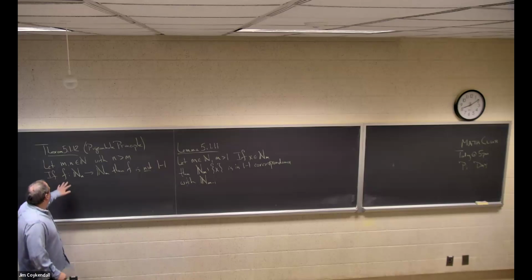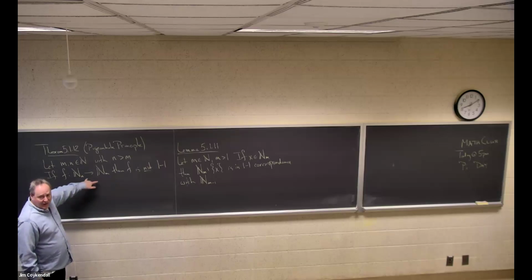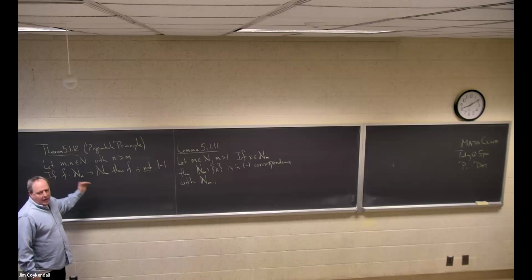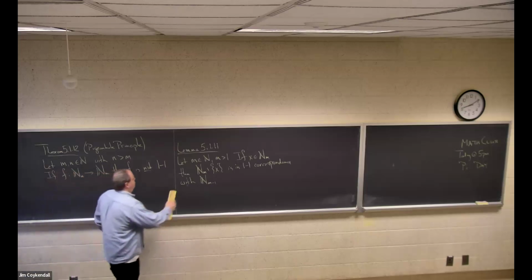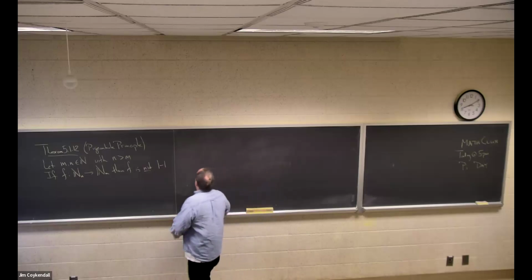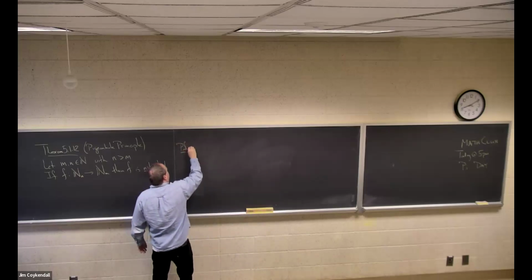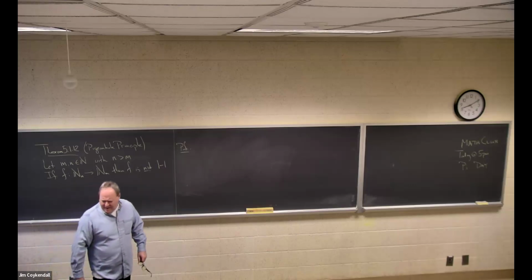So what this says is this is a bigger set than this. They're both finite. You can't make a one-to-one function from a properly bigger finite set to a smaller set. Let's prove this. We'll go by induction on n.